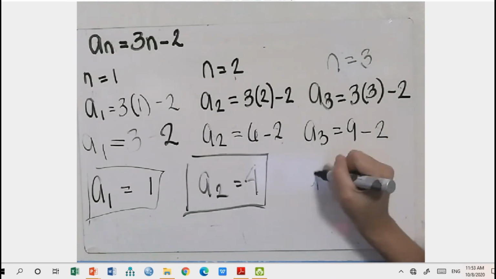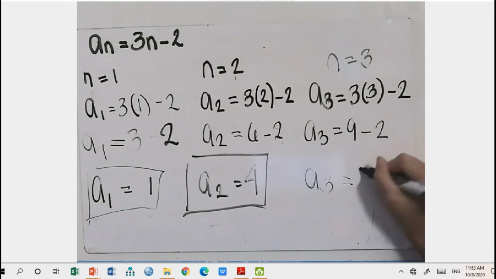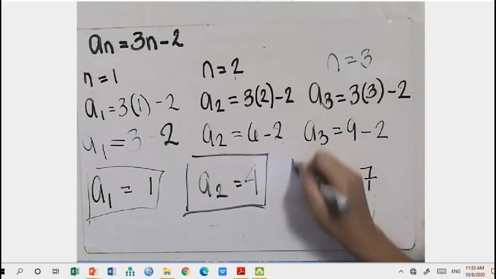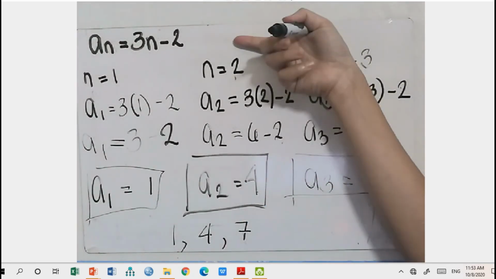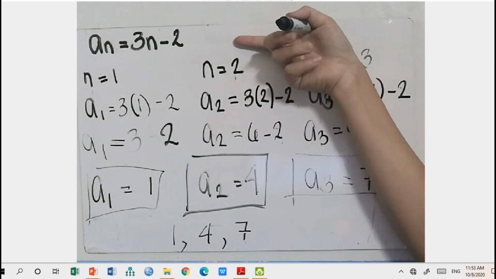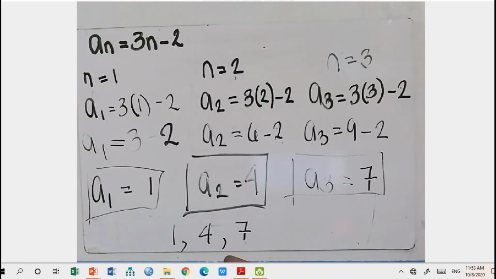So that gives us a sub 3 is equal to 7. So our sequence now is 1, 4, and 7. So the first three terms of the given sequence, or the general term of the sequence a sub n equals 3n minus 2, is 1, 4, 7.